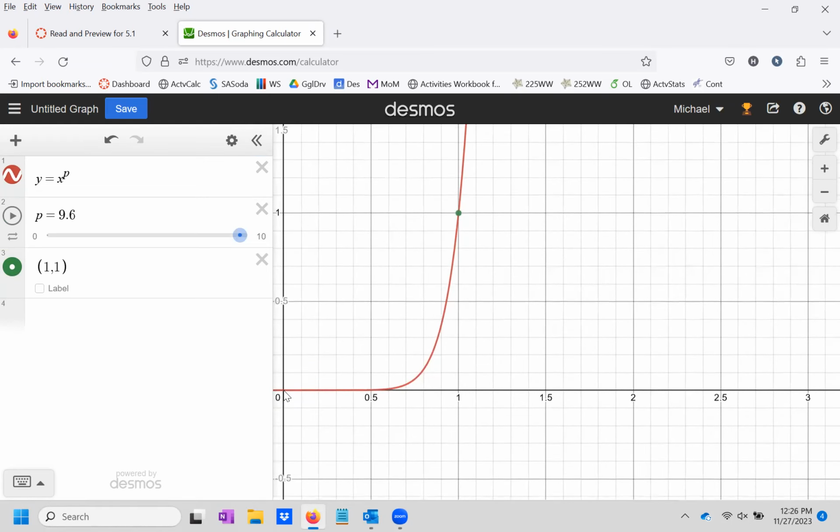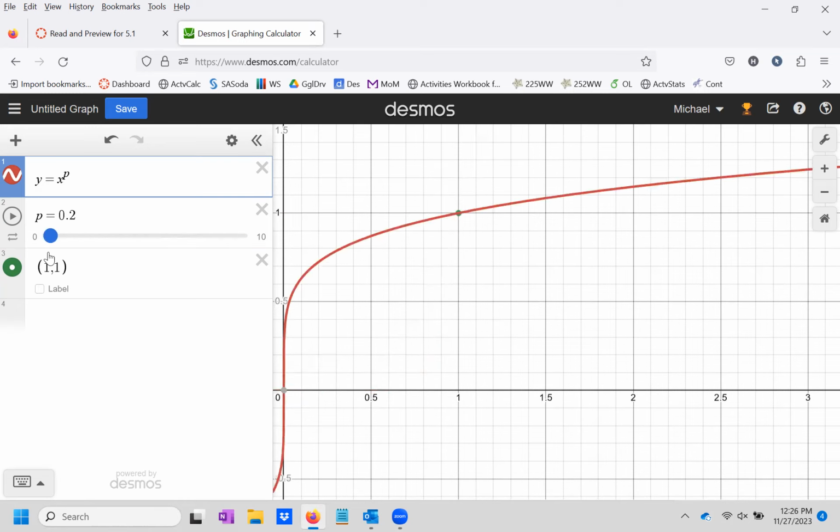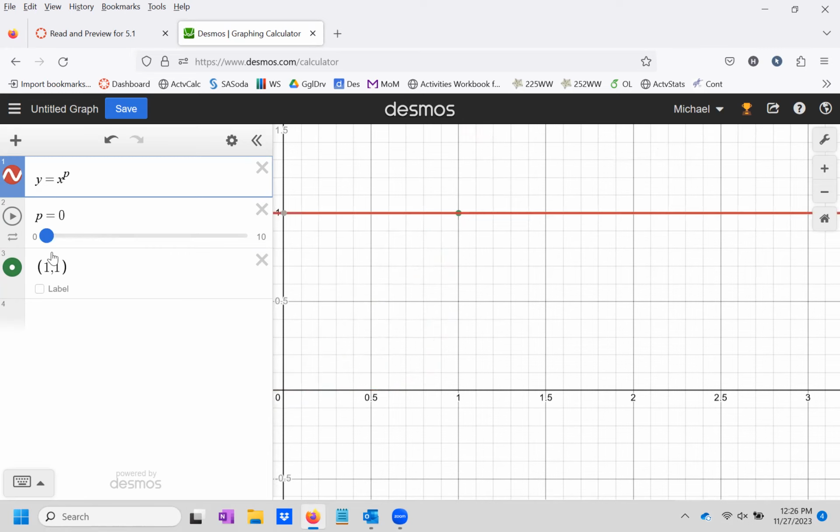Now the slope from 0 to 1 always stays the same because the function passes through 0, 0, and 1, 1, no matter what p is, right? But as I increase p, there is an increasing slope.